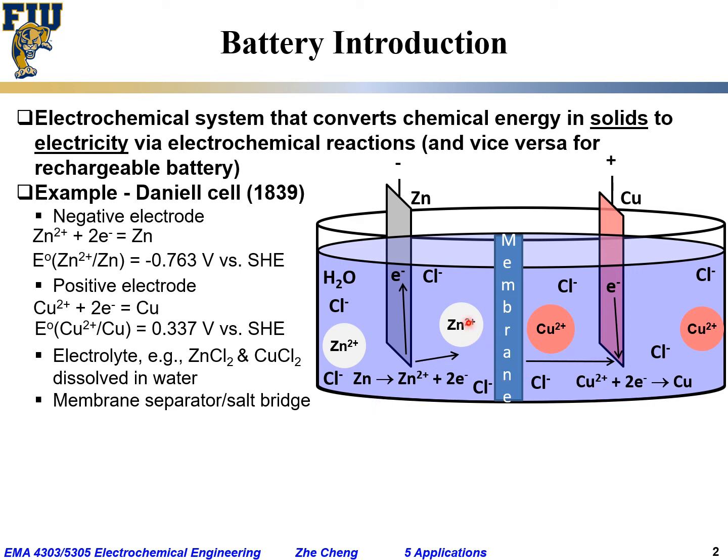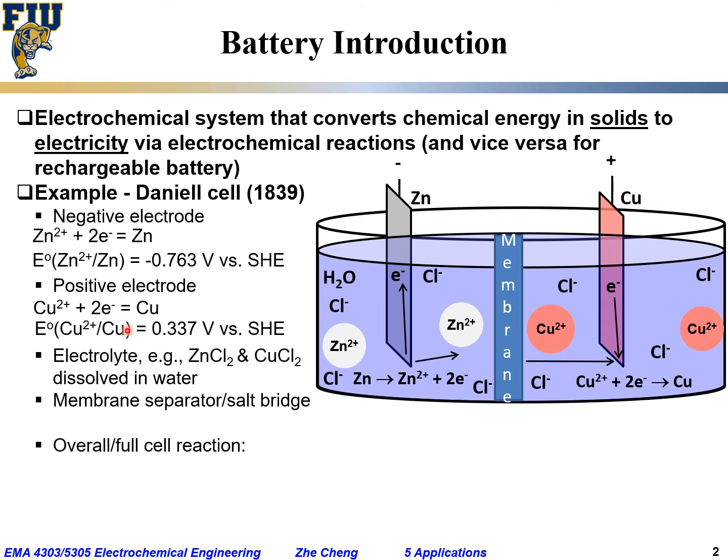Or you can achieve the same thing by putting these two electrodes in different containers or glass beakers and connecting them with a so-called salt bridge. They serve the same purpose: allow the ions to go through but without mixing, complete the circuit but prevent the mixing. Okay, and then we have the negative electrode, we have the positive electrode, and the overall full cell reaction.